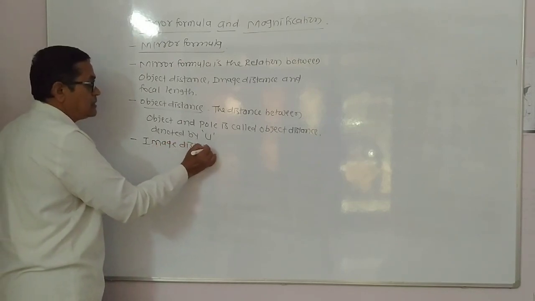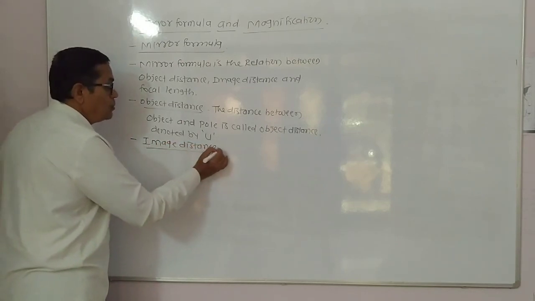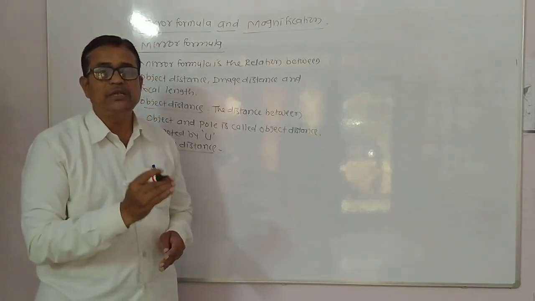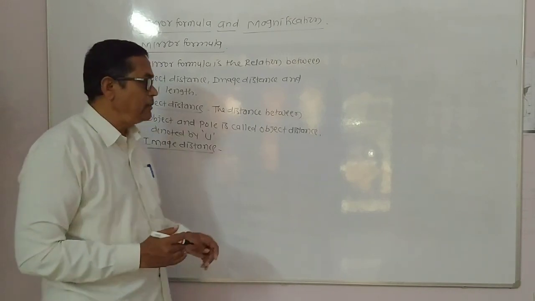You know, what is image distance? The distance between image and pole is called image distance.